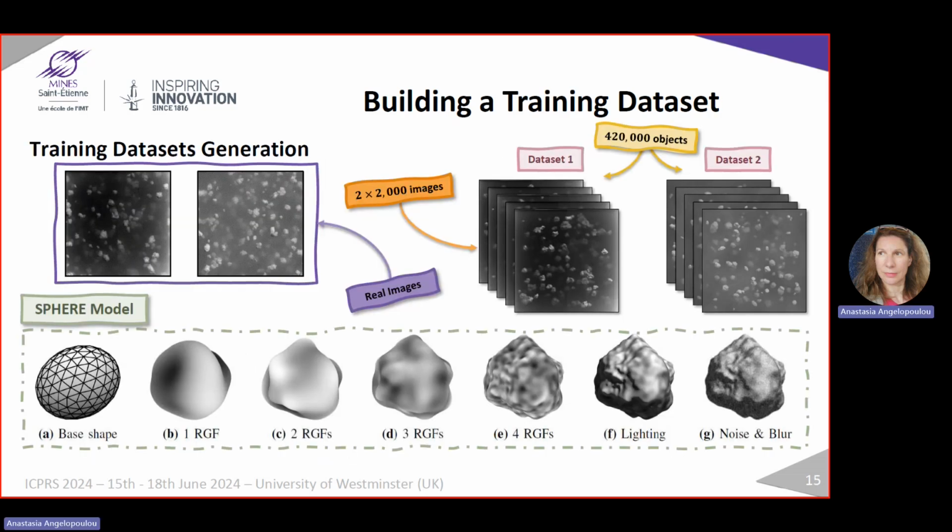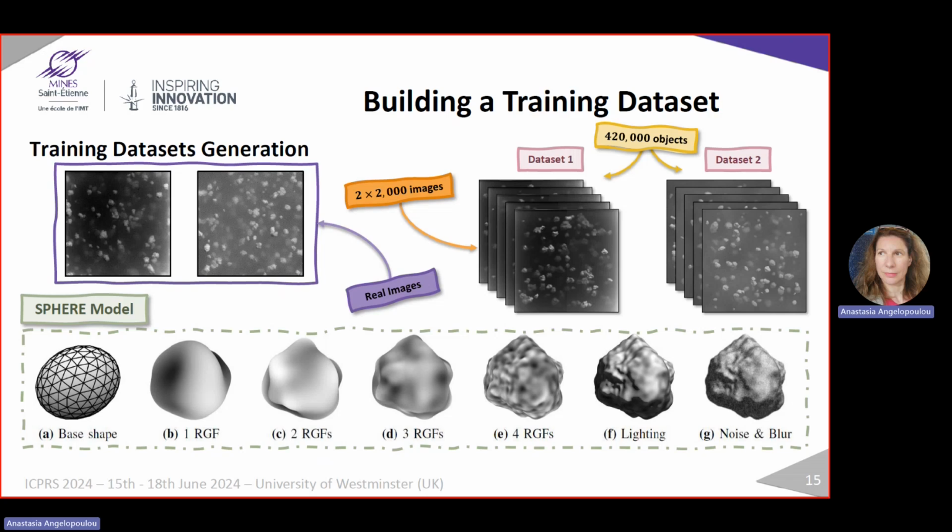What we saw is that on real images, as you can see on the left, we have very different lighting conditions. Maybe you cannot really see, but there are also really different noise and blur conditions.